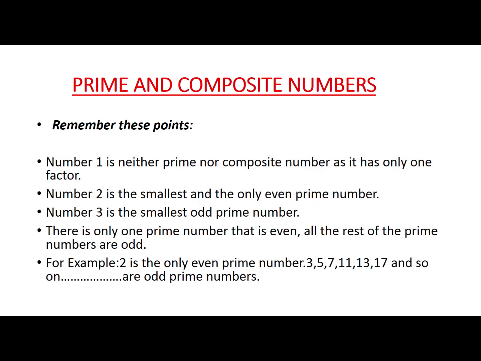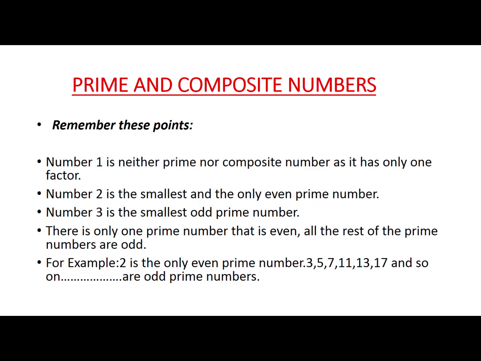Now students, remember these points. Number 1 is neither prime nor composite as it has only one factor. As you know, prime numbers have only two factors and composite numbers have more than two factors.